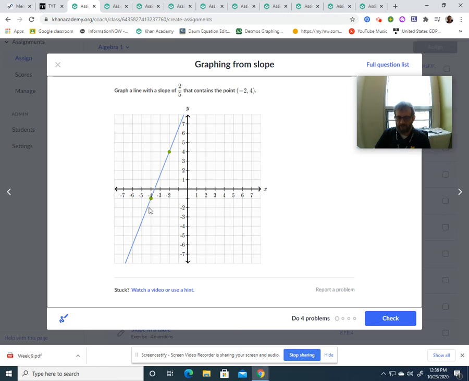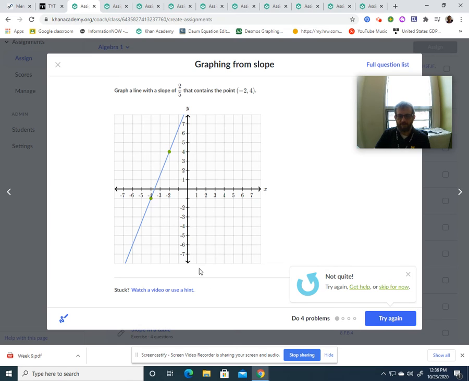There's my slope. Oh, I missed it. That's because I just did this upside down. My slope is change in y is 2, and my change in x is 5.